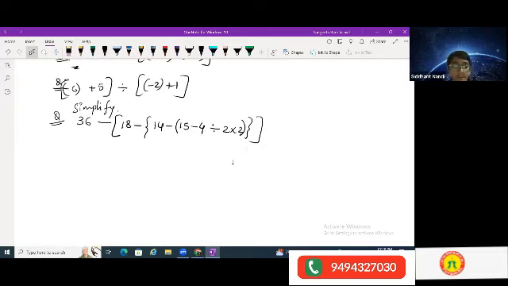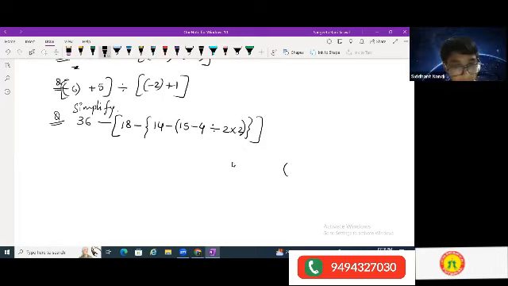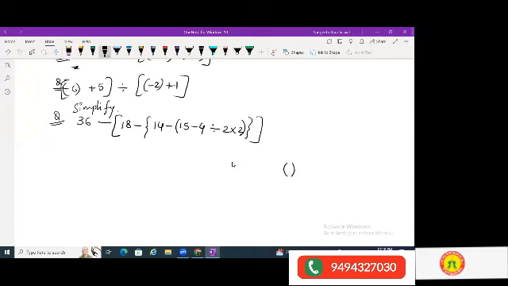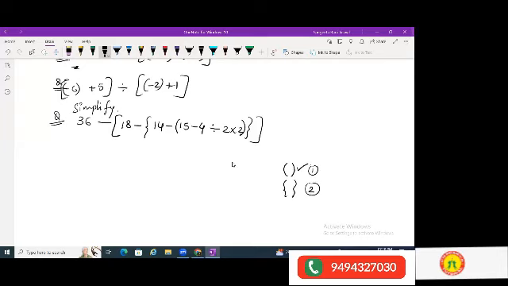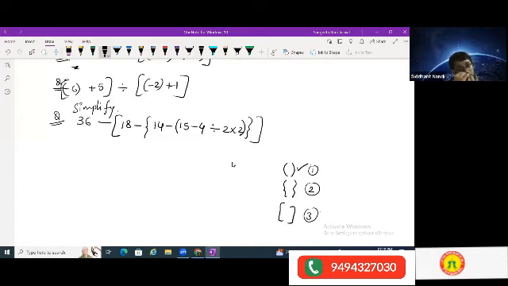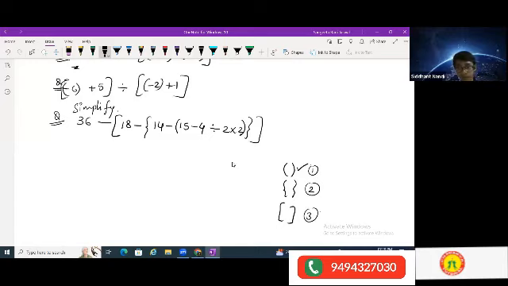Which bracket should we solve first? See, when you have these type of things, you must always solve this first bracket. This is the second bracket. First, you must solve this bracket first. Then this second bracket you must solve. Then you must solve the third bracket. Okay, ma'am. All right.